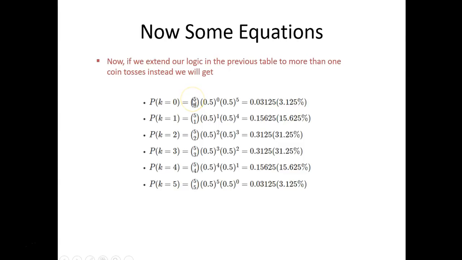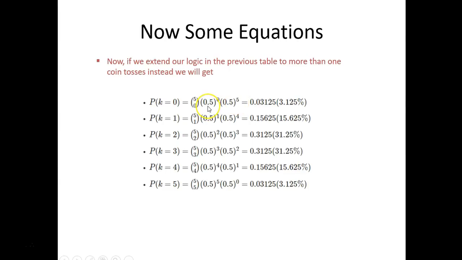What this means is there are 5 ways in which 0 head can appear. There's only one way in which 0 head can appear, and the probability of getting 0 heads is 0.5 to the power 0, because in this case all the outcomes are tails. So 0.5 to the power 5.